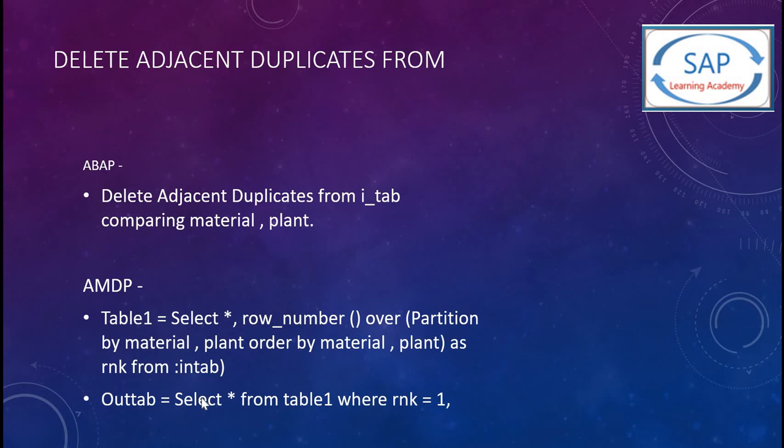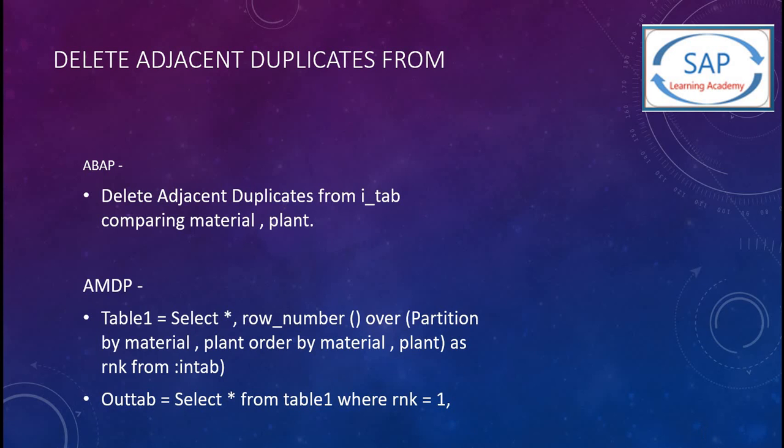Then in the next line you should write select star from your table 1 where rank equal to 1. So all the distinct values having material and plant will come into the output. That's the way you can write it.